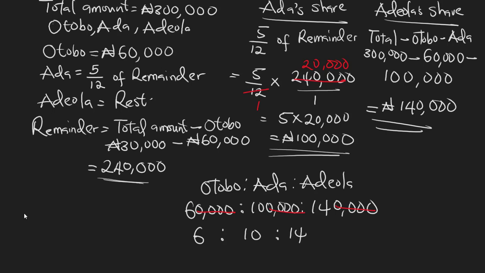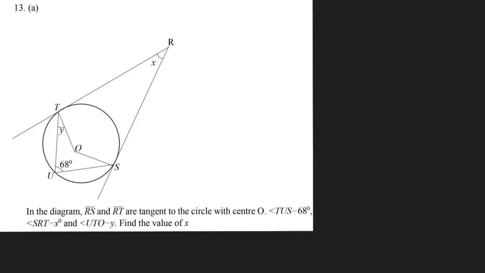You can still cancel, because 2 goes into 6 three times, into 10 five times, and into 14 seven times. So we're left with 3 to 5 to 7. So the money was shared in the ratio of 3 to 5 to 7. Very simple, right?